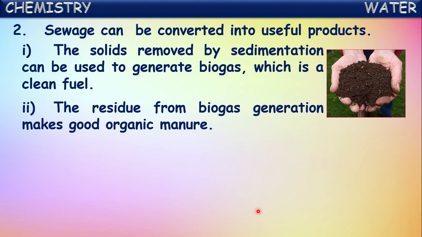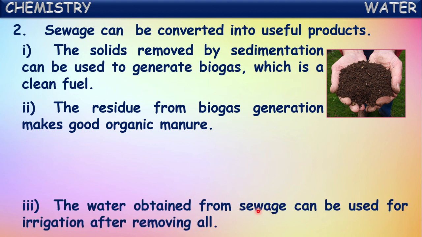These solid wastes are used for the generation of biogas, one of the cleanest fuels. And even the residue from this biogas generation makes a good organic manure which can be used for fertilization. In that way the water pollution can be rectified.